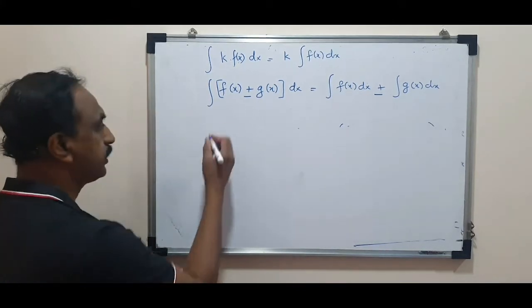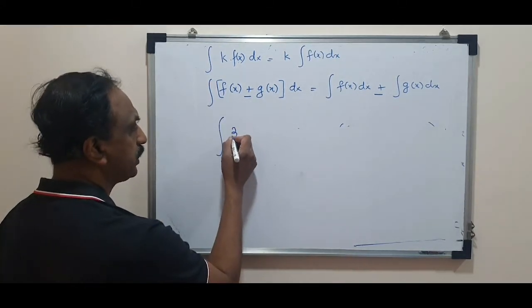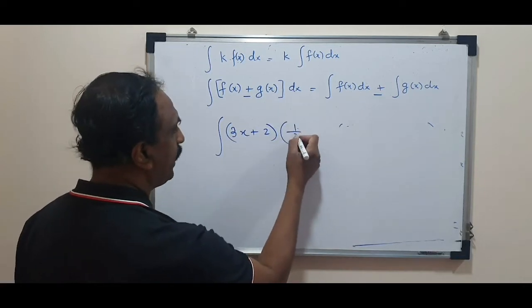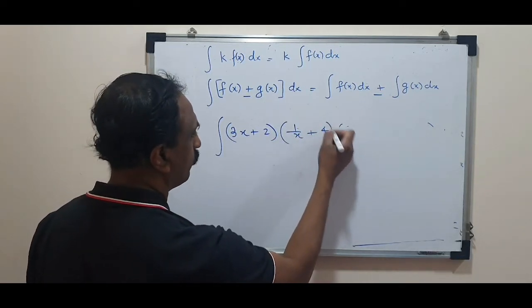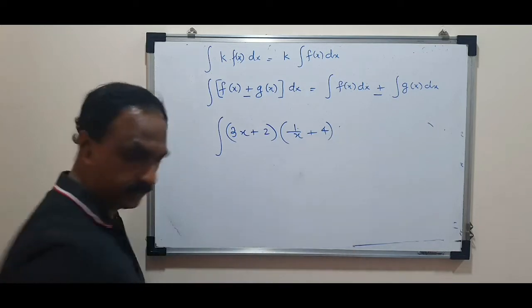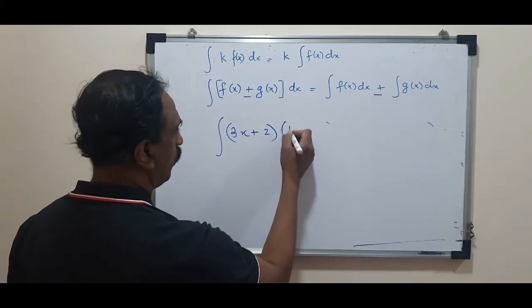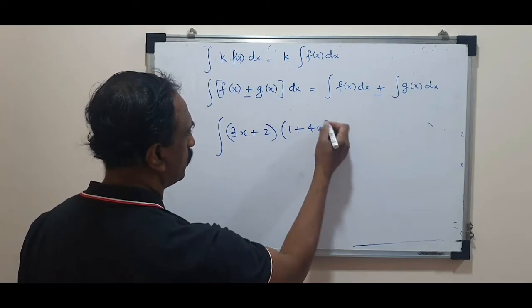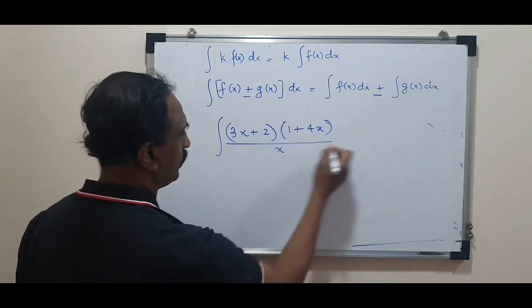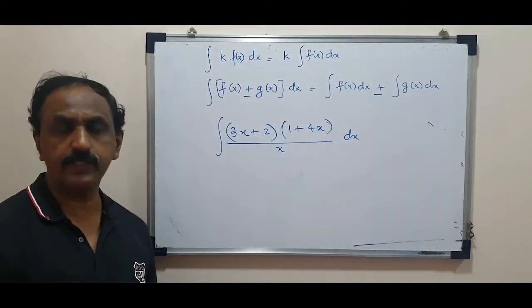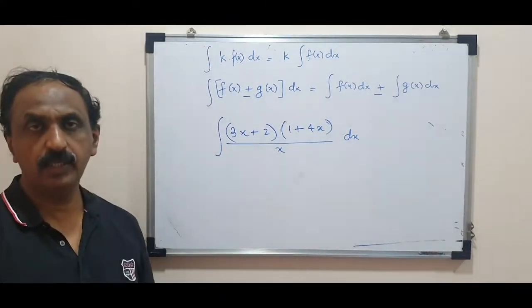I want to integrate, let's say, 3x plus 2 into 1 by x plus 4, that is, 1 plus 4x upon x. Let me make the function this way. There is no formula for us for this function.